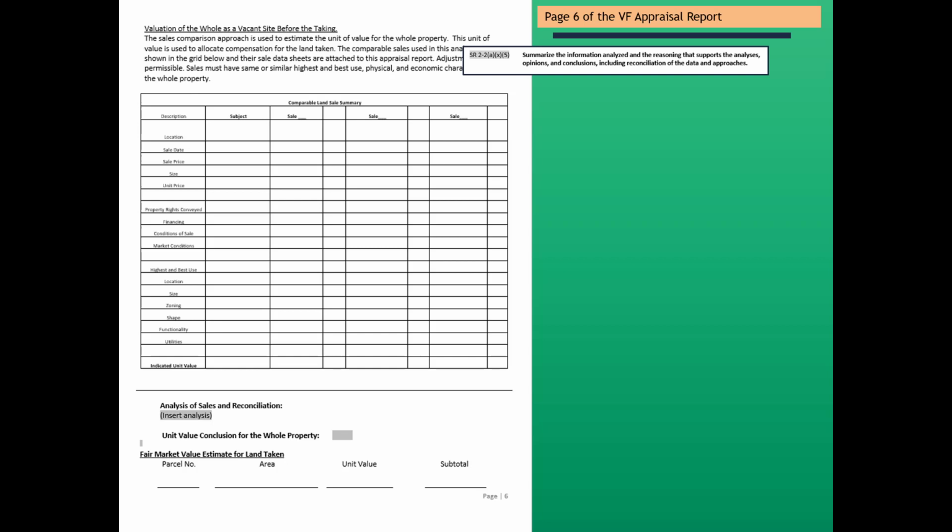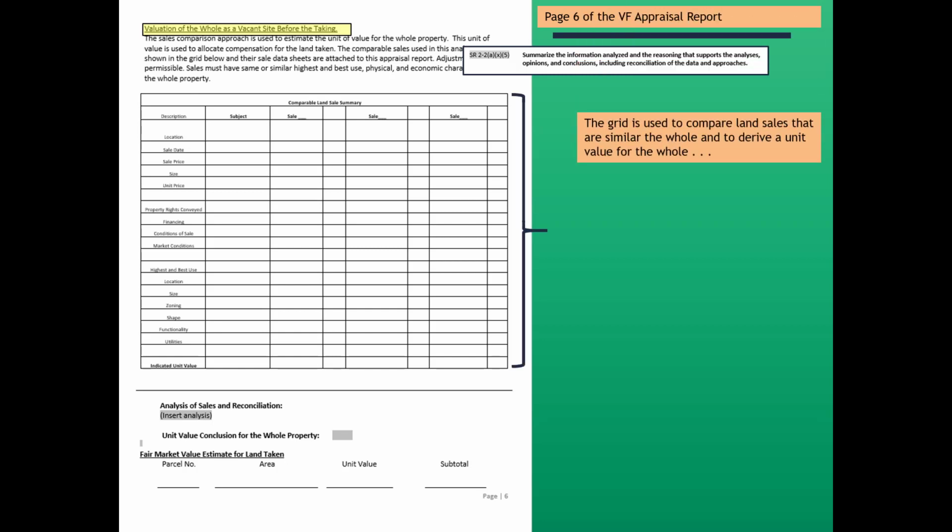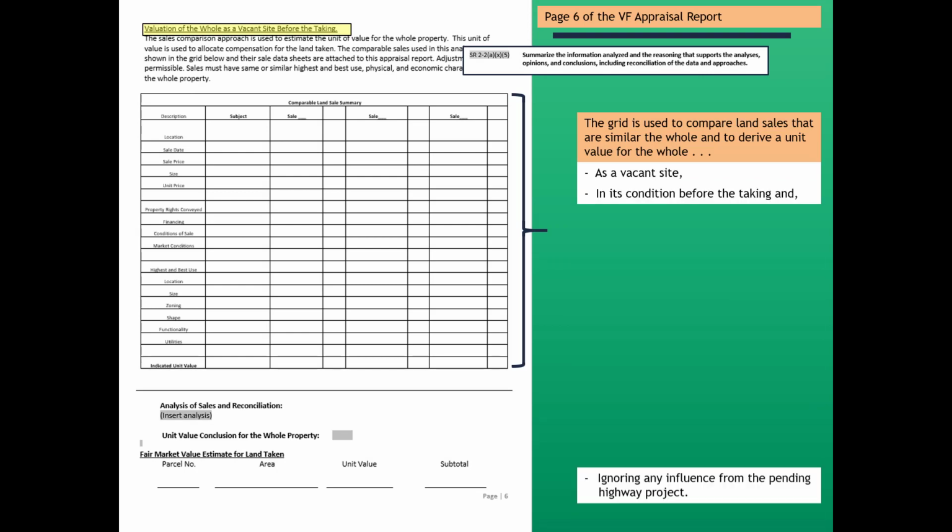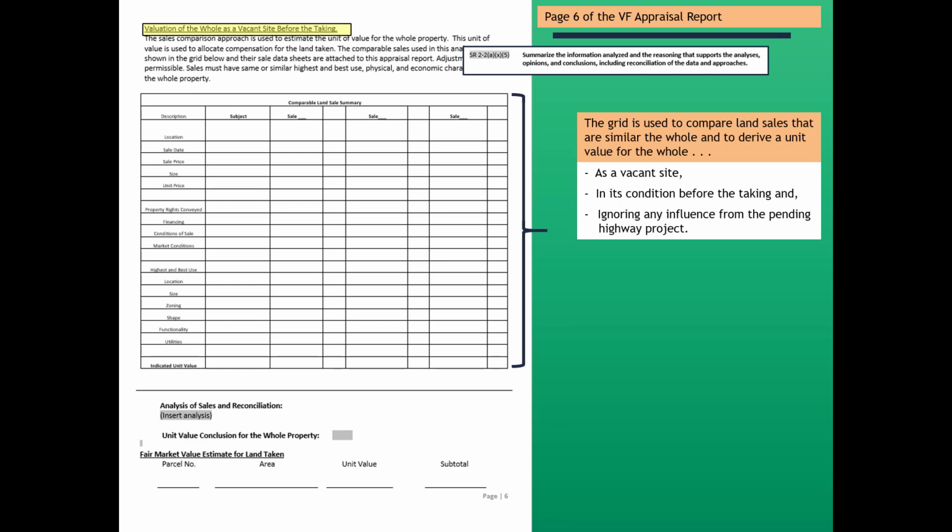So the first part of the summary of information is evaluation of the whole as a vacant site before the taking, followed by the sales grid. The grid is used to compare land sales that are similar to the whole to derive a unit value for the whole. Again, considering the whole as a vacant site in its condition before the taking, ignoring any influence from the pending highway project.